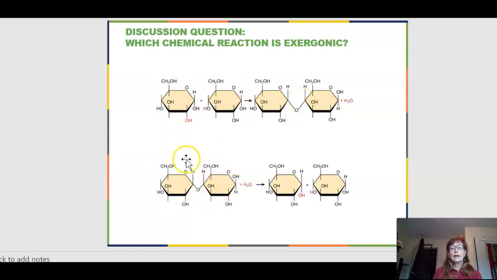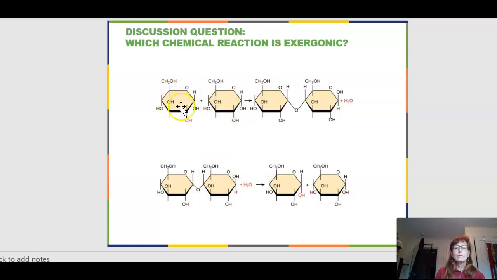And then on the other side, here is the substrate, this disaccharide, and it's going to release these two monosaccharides at the end of the reaction. Is this one going to be spontaneous, or is it going to require energy? So think about it just in the terms that we just talked about.